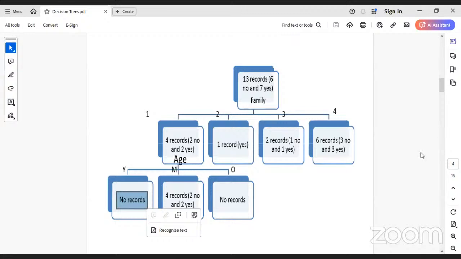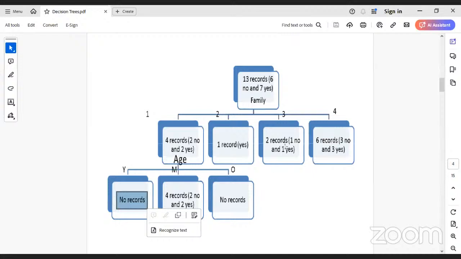Vishnu Teja is asking, for one we take the next attribute as age, for 3 and 4 also we take only age? No, there is no rule that you should take age. Again you apply some formula, it might come as age or some other attribute. So even if you take age, Teja, it is not guaranteed that you will get the same output.